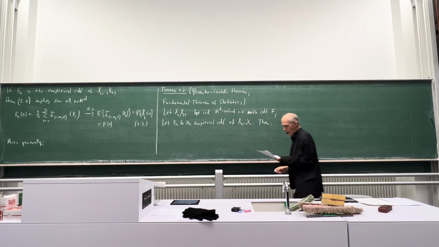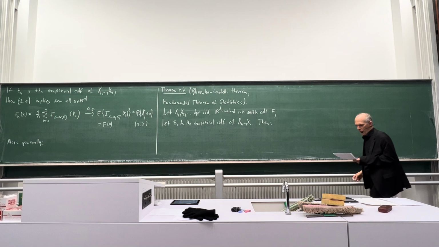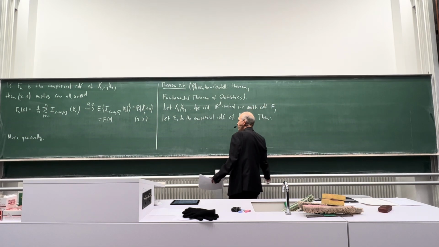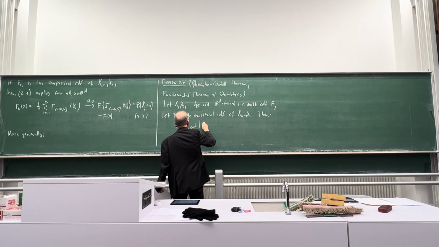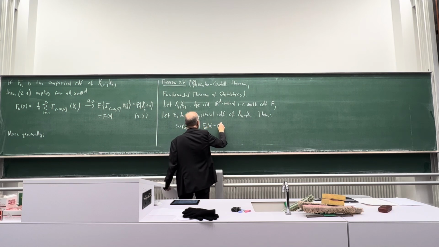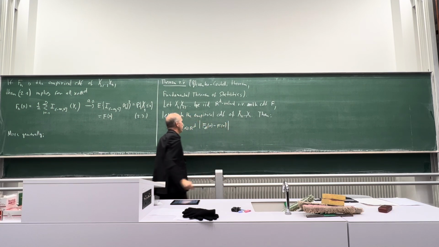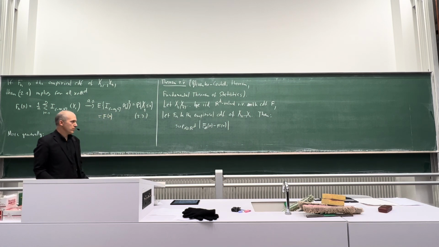Then the following holds. We consider the supremum over all x in R^d of the absolute value of Fn(x) minus F(x), and that converges to 0 almost surely.